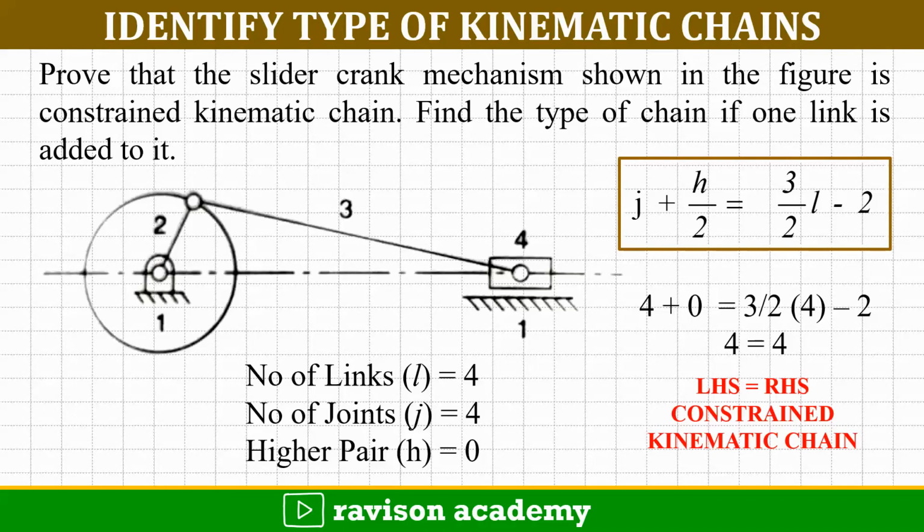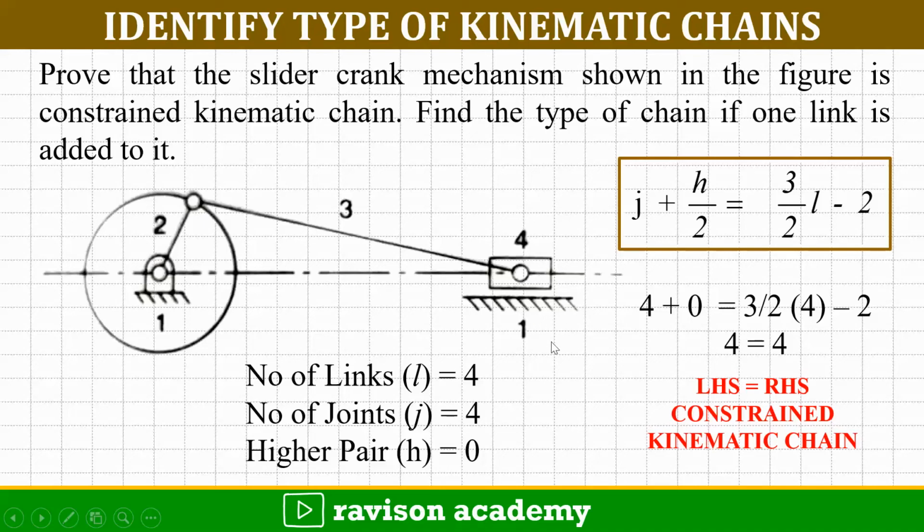This is another problem. We want to prove the slider crank mechanism shown in the figure is a constrained kinematic chain and find the type of chain if one link is added to it. This is an inversion of the 4-bar chain. You have a slider crank mechanism with 4 links, 4 joints and higher pairs 0. Links 1 and 2 make one joint, 2 and 3 make one joint, 3 and 4 make one joint, and 4 and 1 make one sliding pair.